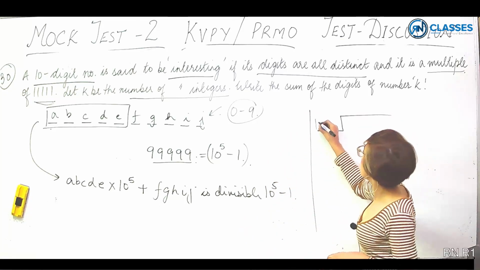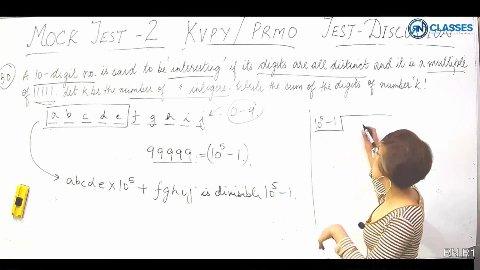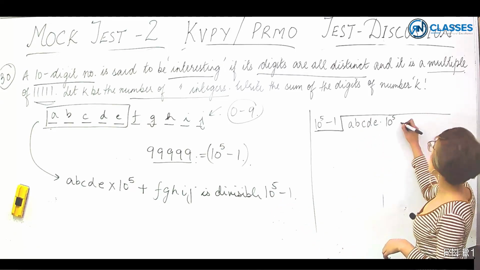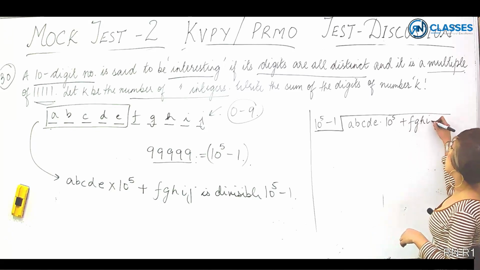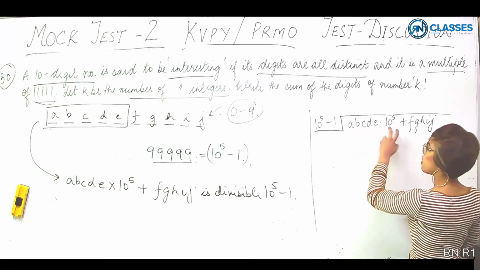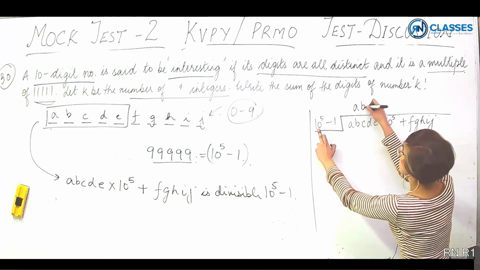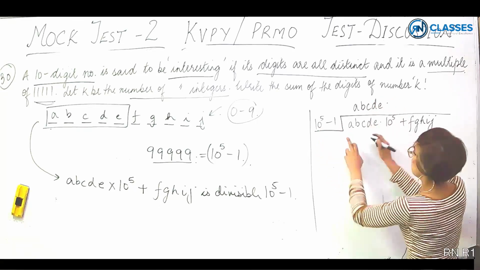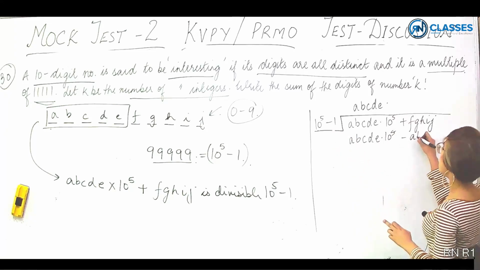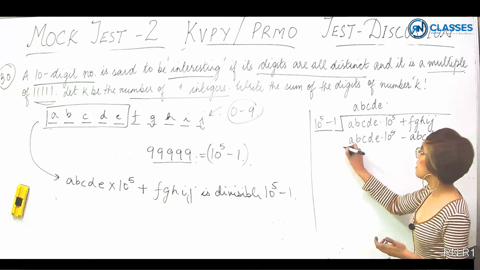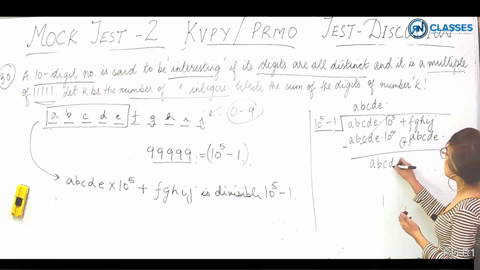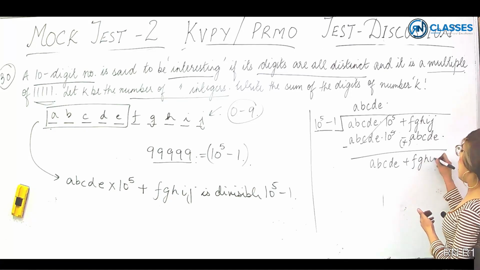This is the divisor, 10 raised to power 5 minus 1, and that is my number, A, B, C, D, E into 10 raised to power 5 plus F, G, H, I, J. So I'll do 10 raised to power 5 into A, B, C, D, E, the first quantity, minus A, B, C, D, E. Subtract it, minus, plus, this gets cancelled. So basically, I'll get A, B, C, D, E plus F, G, H, I, J.